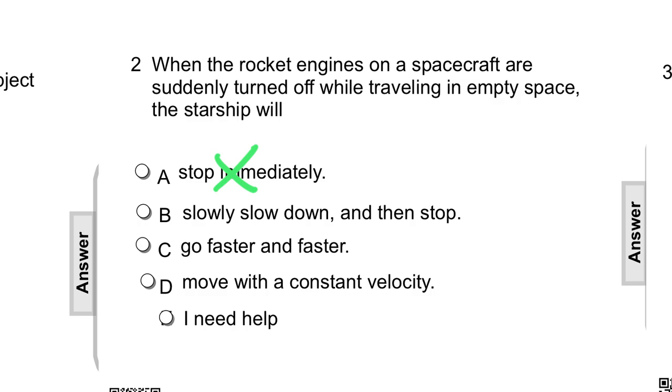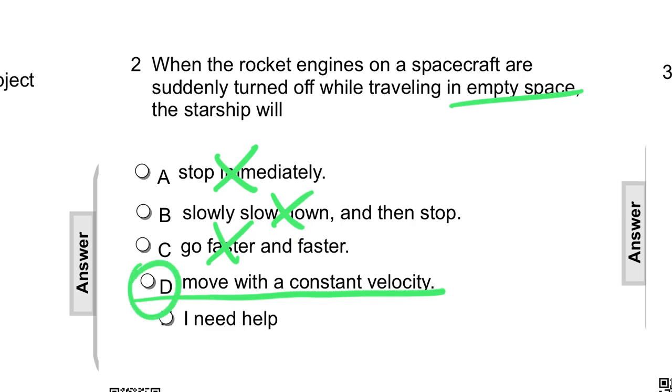In fact, it will not even slowly slow down unless there's drag or friction. And we're assuming there isn't in empty space. There's no friction. It's like a vacuum. Go faster and faster? Well, that's just not imaginable. I mean, you turn off the rocket engines, why would it go faster unless there was another force attracting it? Move with constant velocity. So there we go. Another example of the first law of motion.